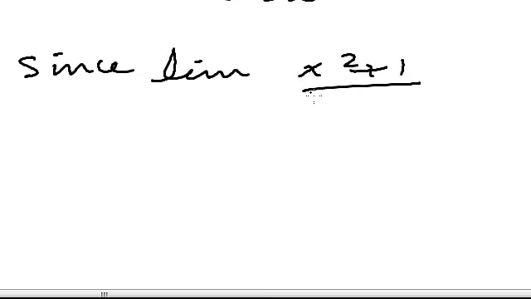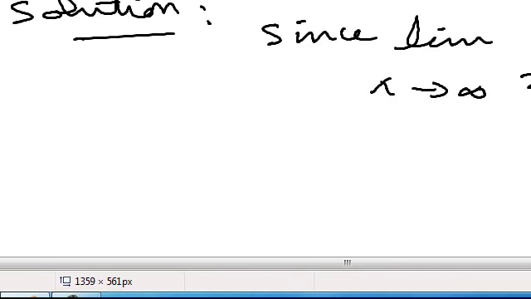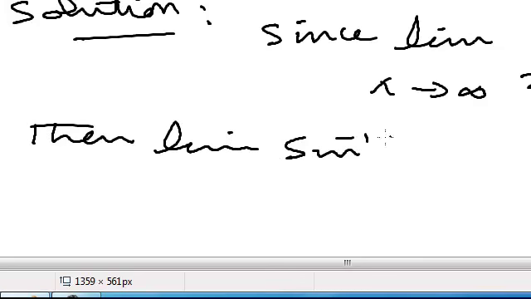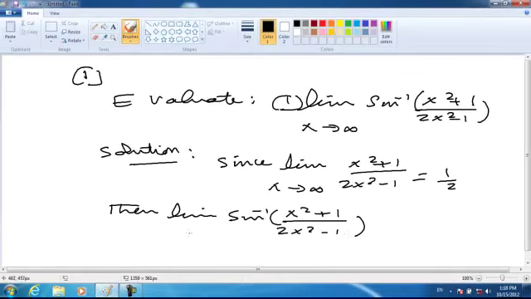Since limit x square plus 1 divided by 2x square minus 1 as x tends to infinity equals 1/2, then limit sine inverse of x square plus 1 divided by 2x square minus 1 as x tends to infinity equals sine inverse of 1/2, equals pi by 6.